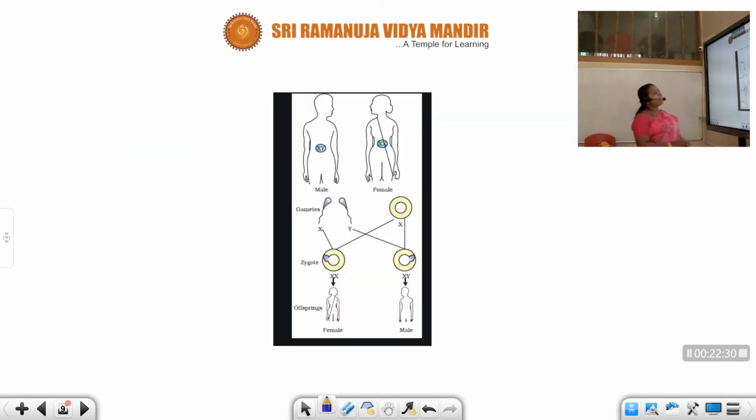Diagrammatic representation, students. Male has the XY condition, whereas female has XX. When the gametes are formed, one sperm cell may have the X information and the other sperm cell may have the Y information. In the case of the egg, only the X condition is there.